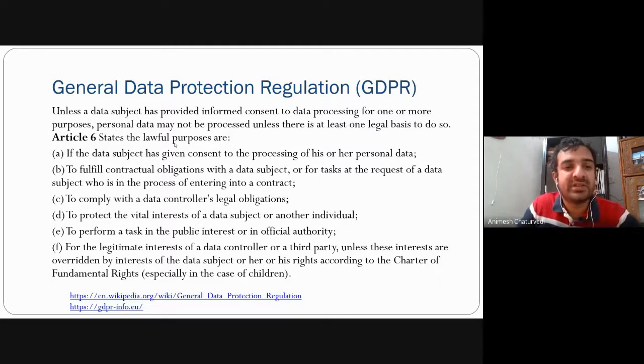Then the third point says: to comply with the data controller's legal obligation. The data controller is the main owner and manager. If there is some legal obligation that requires processing, and it has already been signed and informed to the organization or person, then the data controller can process it. Then, to protect the vital interests of the data subject or another individual. What does it mean?